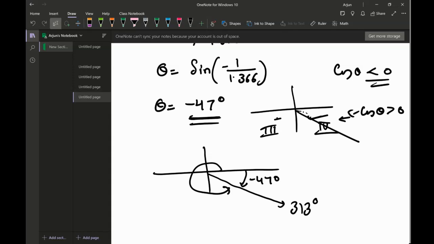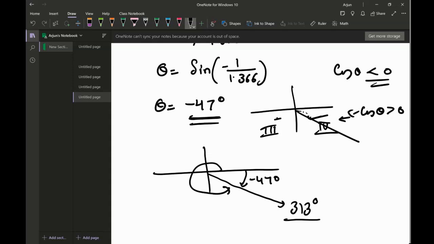If I go to chapter 8.2, question 35. Yes, they figured it out as 312.95. I took it approximately as 313 degrees. So that's how we're going to solve these questions.